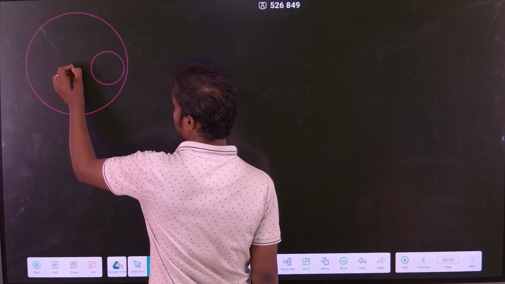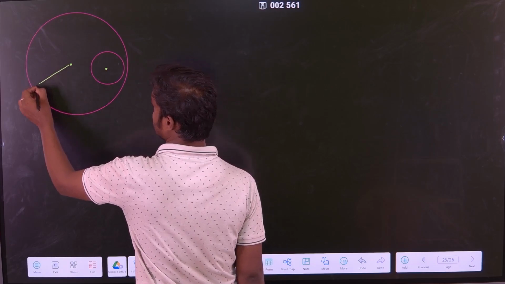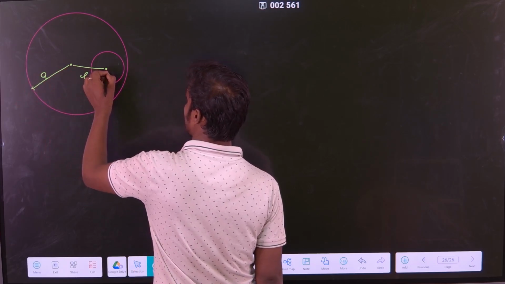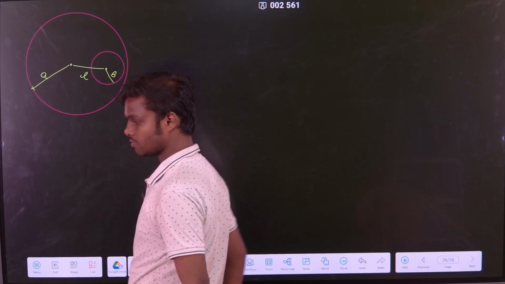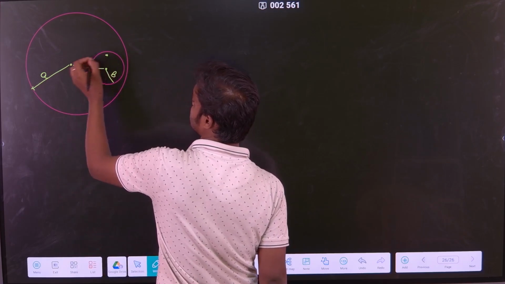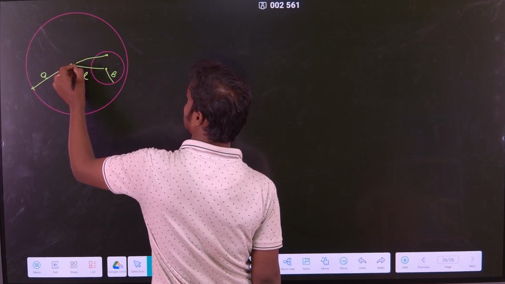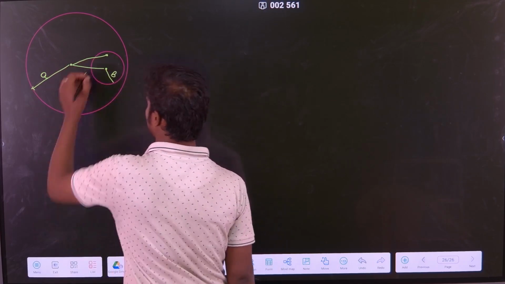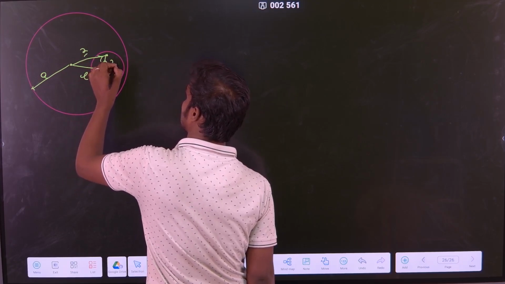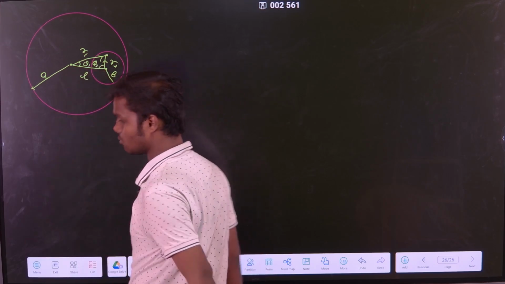Suppose this is the center of the bigger sphere and this is the center of the cavity. The radius of this is given as A, the distance between them is L, and the radius of this is B. Now let us take some point in the cavity, and let us take this as the R1 vector, this as the R2 vector, this is theta 1, this is theta 2.